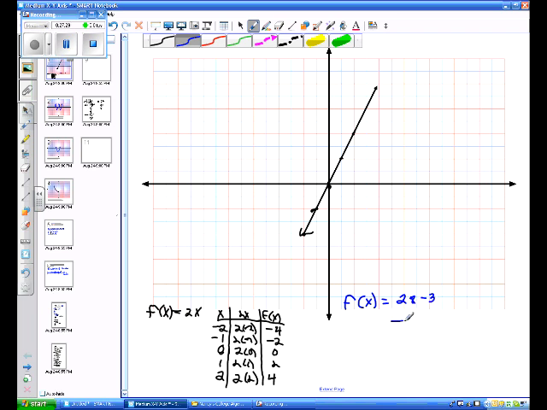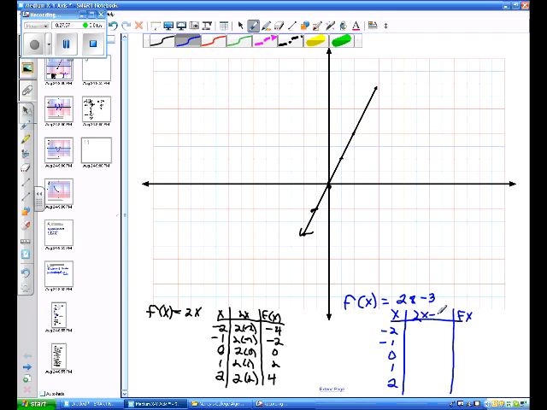Again, we're going to pick those same 5 points: negative 2, negative 1, 0, 1, and 2. We're going to plug them in and find out what our f of x is.